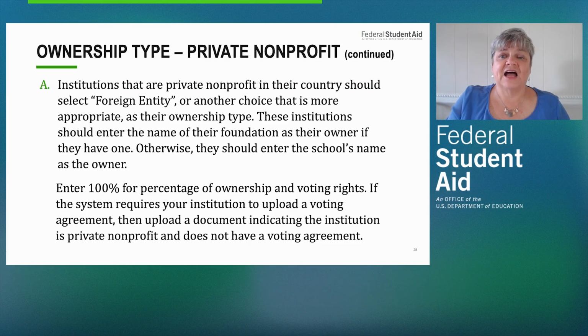If the school is not governed by a foundation, then the school should enter the school's name as the entity owner. On a related note, the system says that UEI is for entity owners is optional, but the Foreign School Participation Division highly recommends you enter it if the entity owner has one.